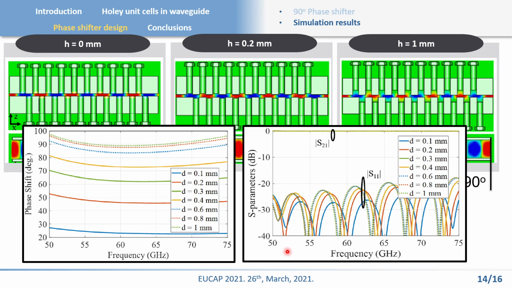Also, the S parameter in magnitude is shown, illustrating a very low reflection coefficient for all the positions of the reconfigurable phase shifter. It also points to good performance of the phase shifter because no matching structures are needed in the modification of the hole depth.